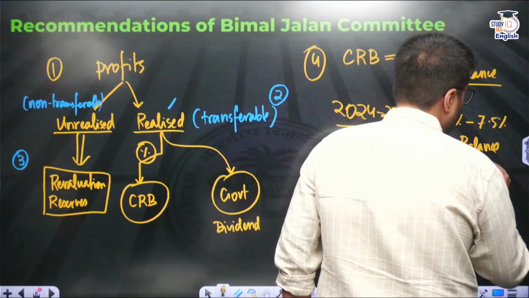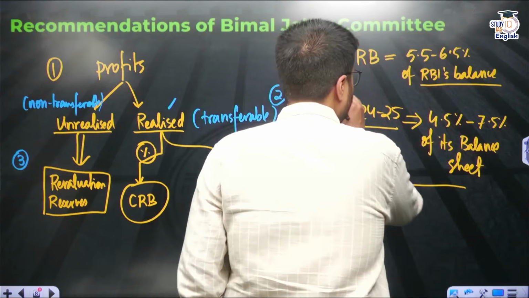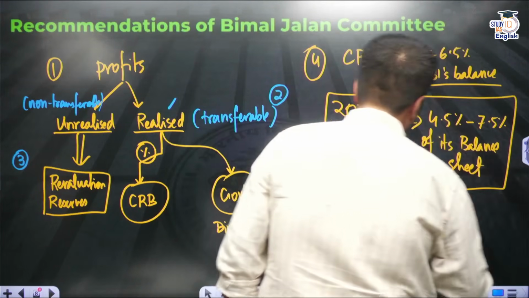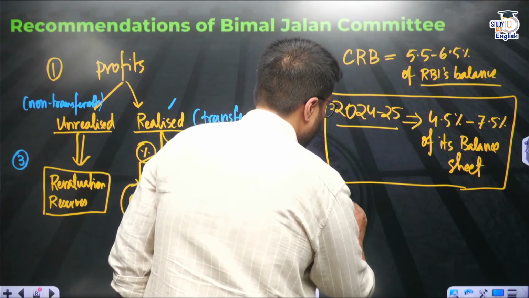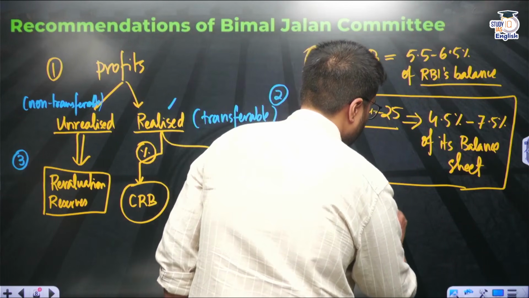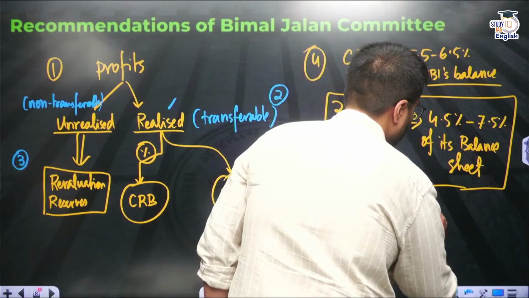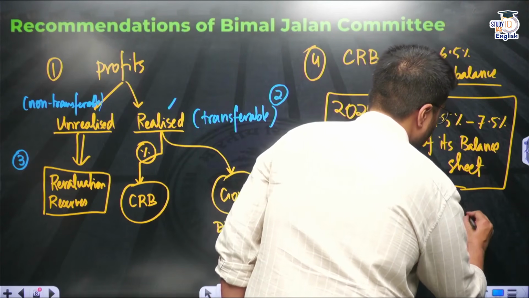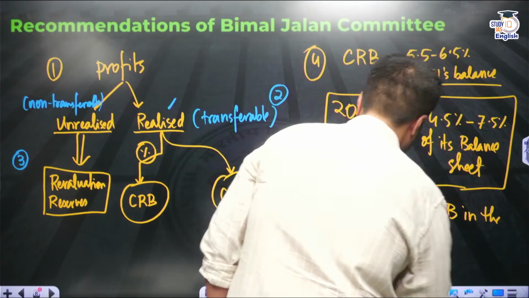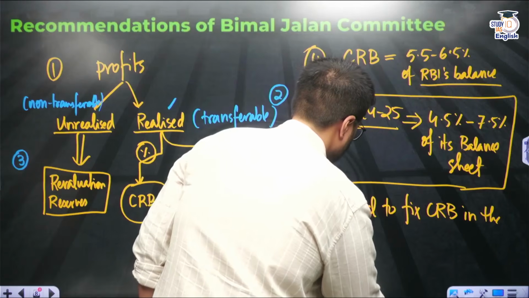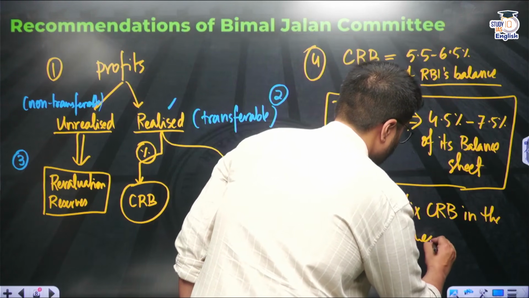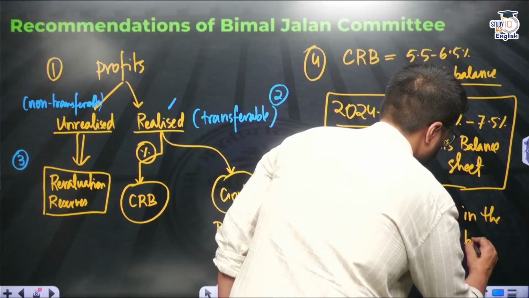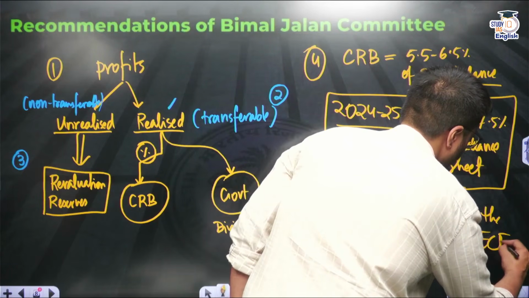So this was modified last year, and within this range, it would be the responsibility of RBI's Central Board to fix the CRB in the range as recommended by the Economic Capital Framework.